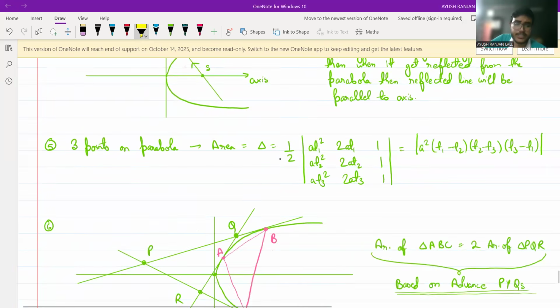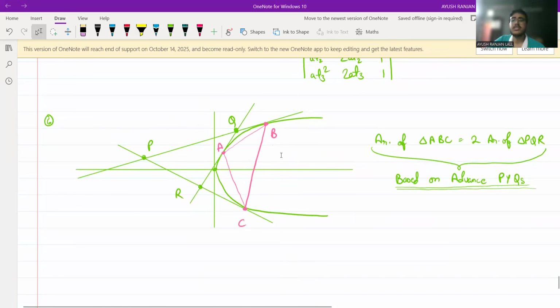Next, the sixth one. You have drawn three tangents. Three tangents will have 3 points of intersection. Take those as P, Q, and R. And there are tangents at the points A, B, and C. The area of triangle ABC is equal to twice the area of triangle PQR.